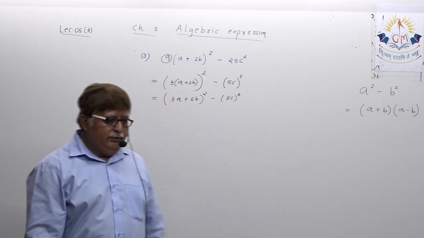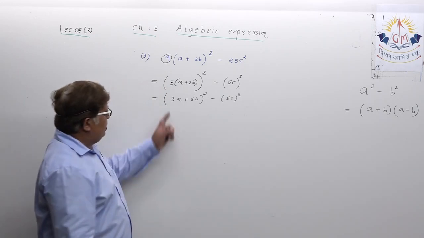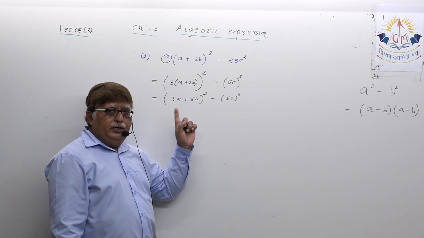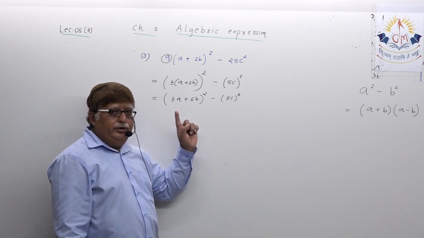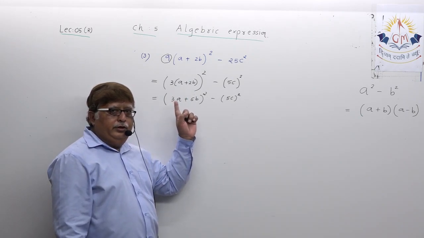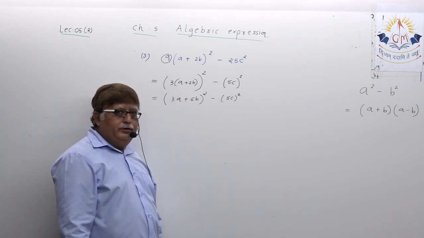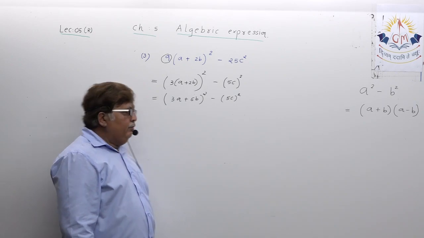Just have a look at this. 3 is to be multiplied to open the bracket: 3a plus 3 times 6b whole square.